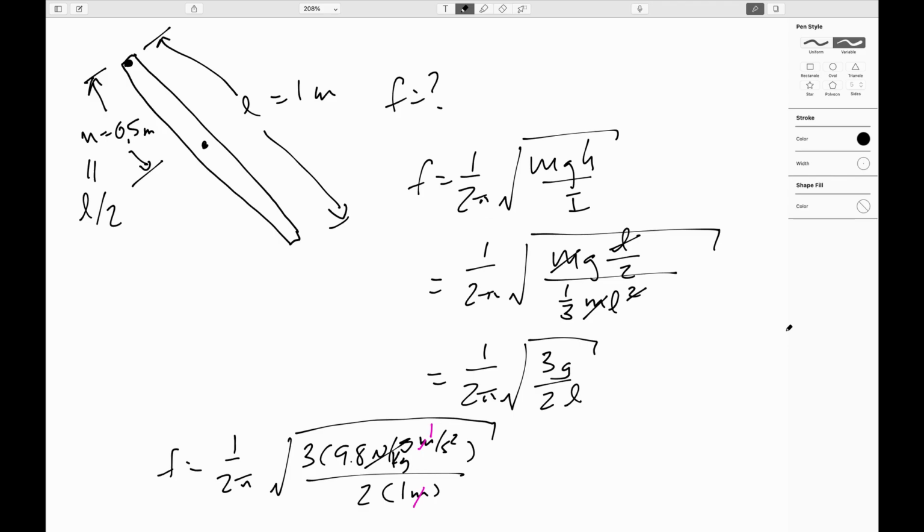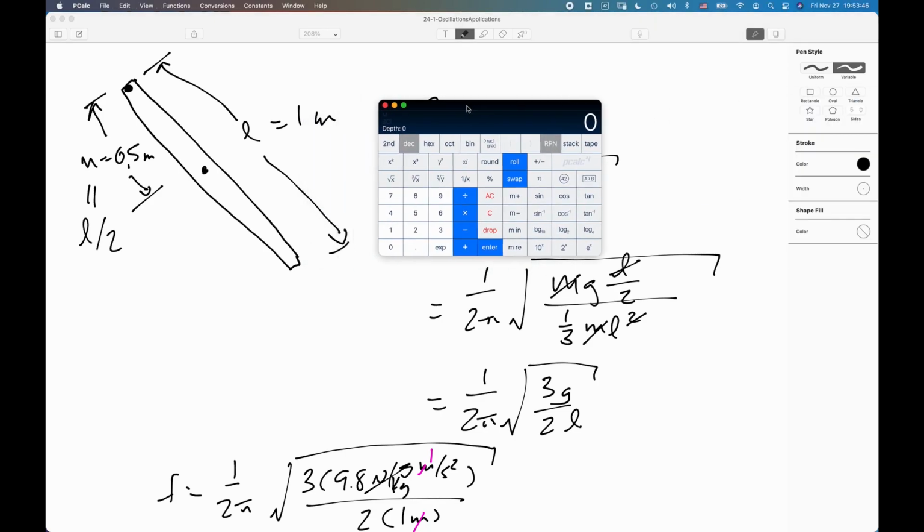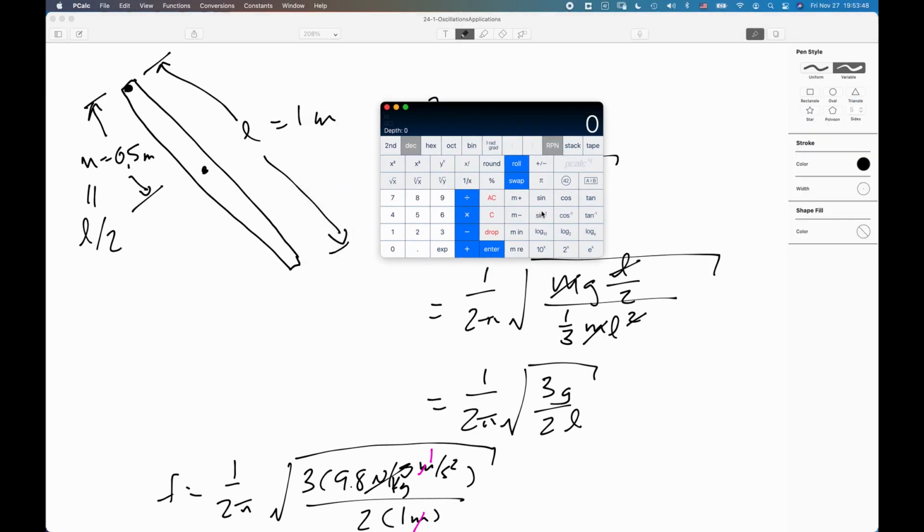We can work that out as well. We'll take 3 times 9.8, divide that by 2, take the square root, and divide that by 2 and by pi.